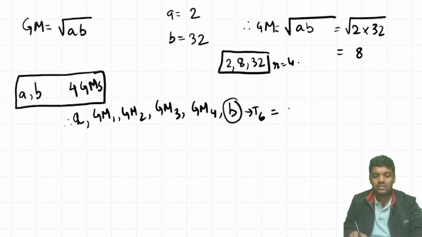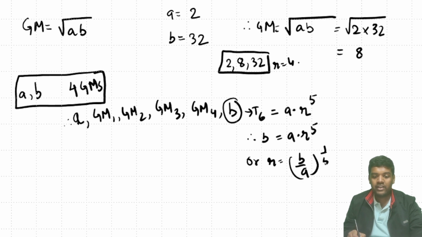So T6 equals A into R to the power n minus 1. N is 6, so 6 minus 1 is 5. Therefore, T6, which is my B, equals A into R to the power 5, or R equals B divided by A whole to the power 1 by 5.